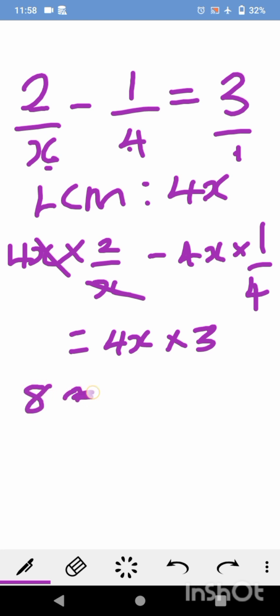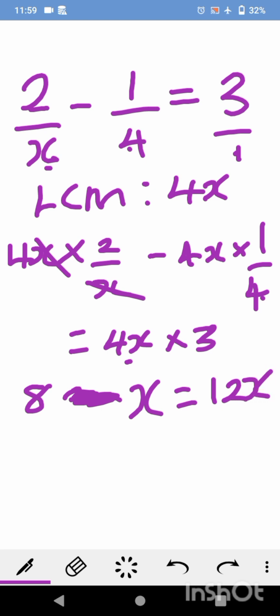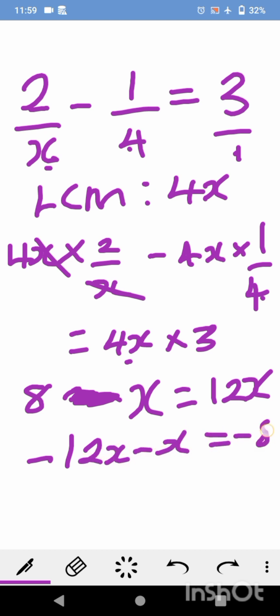Minus, the 4 will go into 4 is 1. x times 1 will give us x, equals 4x times 3 will give us 12x. So collect like terms by taking the 12x to the left, we'll have minus 12x minus x equals minus 8.